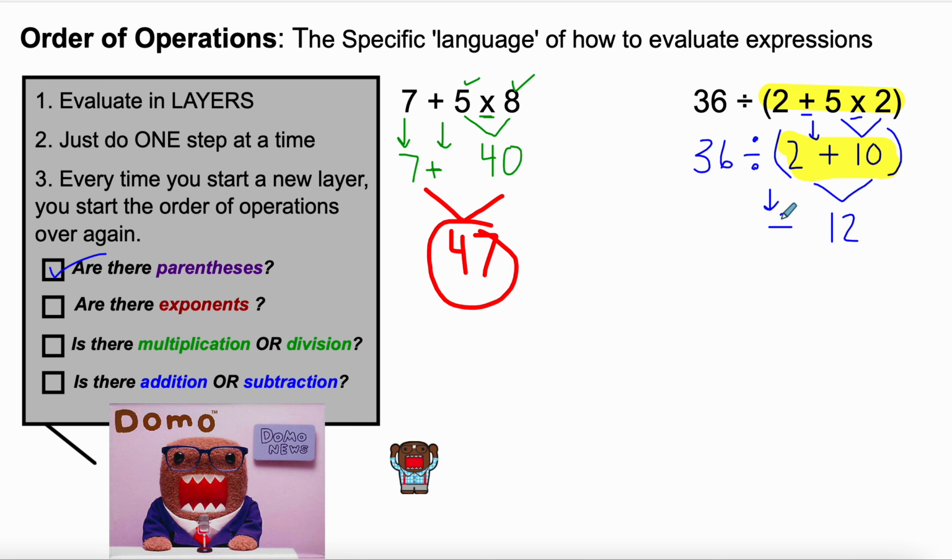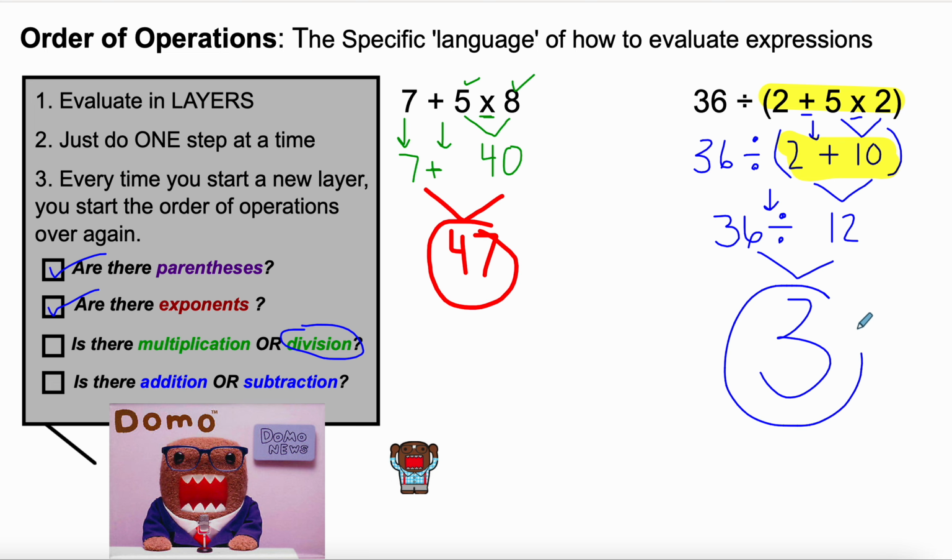Our division symbol and our 36. And now we're left with 36 divided by 12. So no exponents. We are just left with our division. And we're going to do that. 36 divided by 12. Oh, I could think 12 times what gets me 36? 3. The quotient is 3. The value of this expression is 3. All right, keep on cruising.